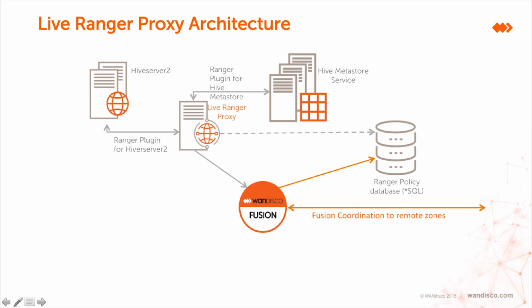So for example, if you had a user named Bill, and you said, I'm going to set up a policy that Bill can read, write, and access this directory in Hadoop. Let's say it's just the user Bill's sales data, and you save that policy with Live Ranger in that cluster, that will get replicated. But you have to remember, it's going to replicate everything at this point. It's not going to be selective replication.